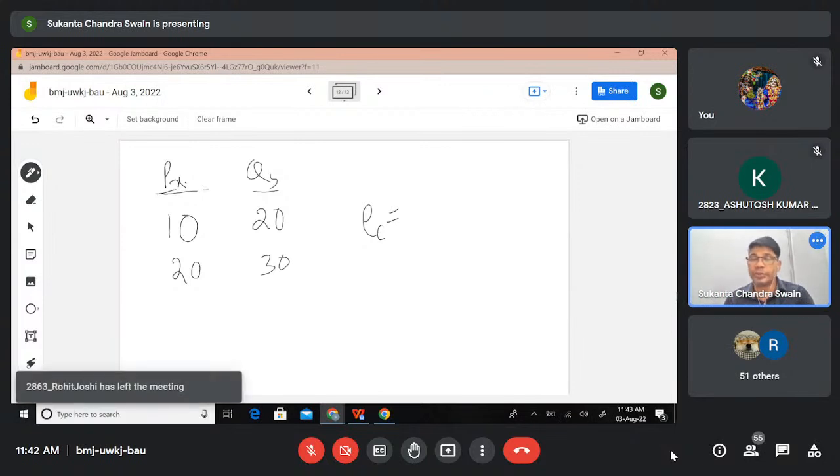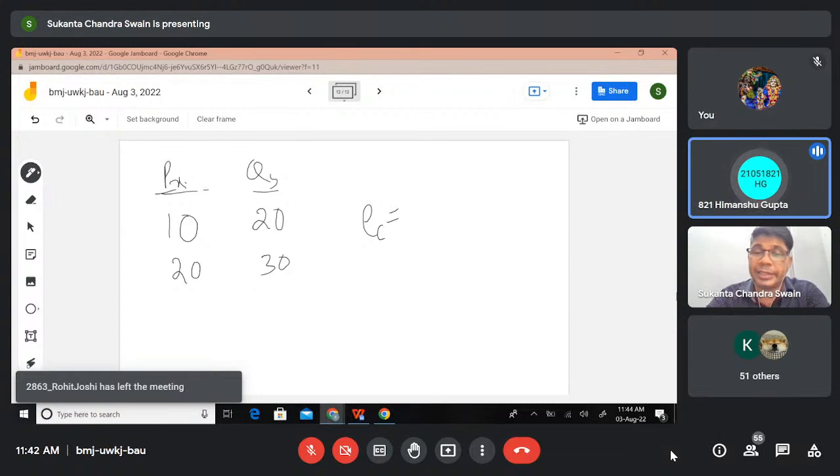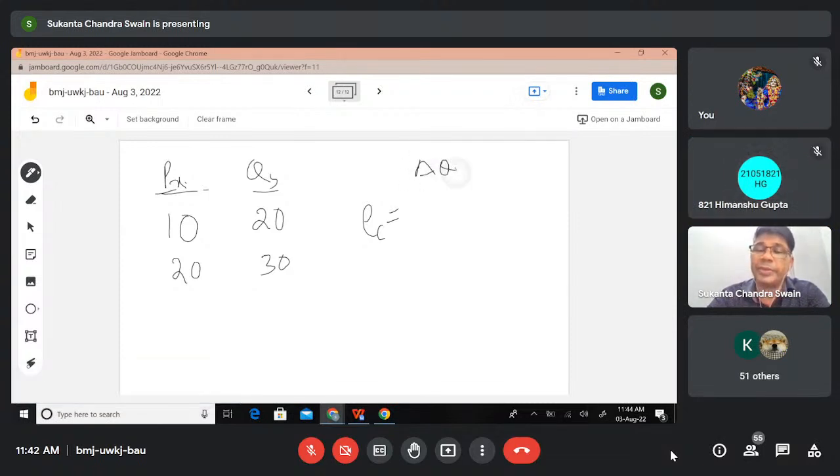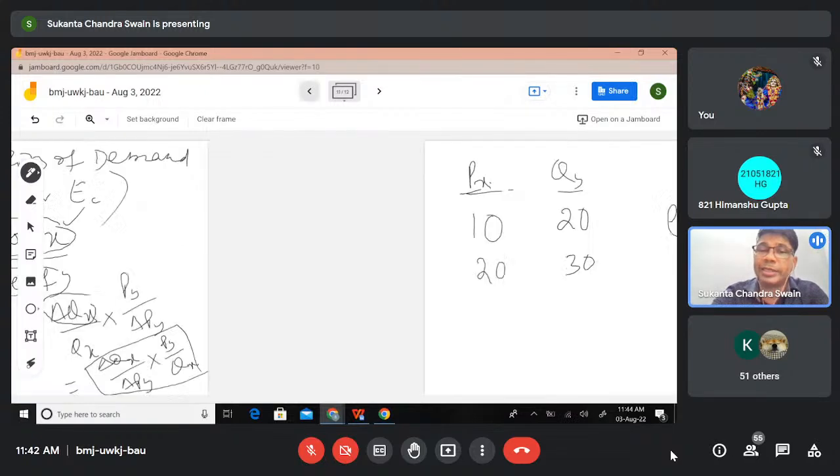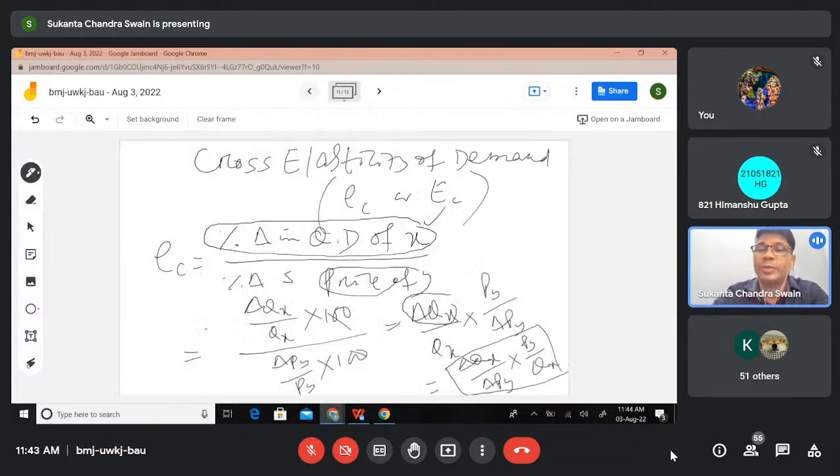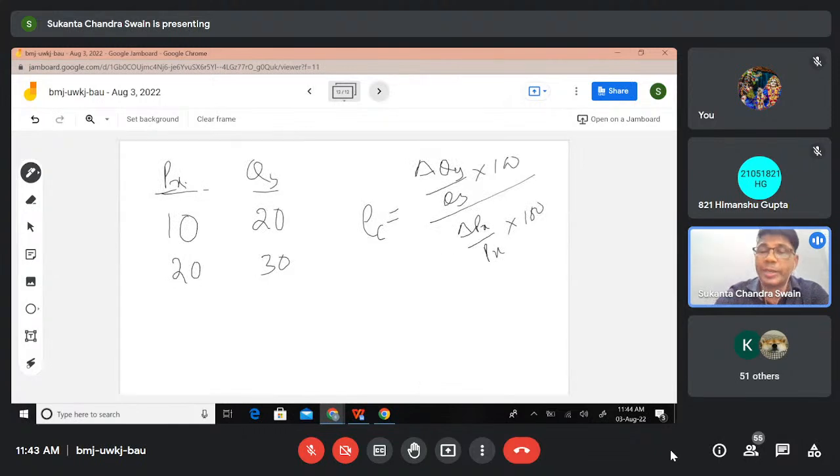This is equal to percentage change in quantity demanded of Y divided by percentage change in price of X. Very good. Del QY by QY into 100 by del PX by PX into 100. But in the last example, we had taken QX, but here QY is given. Therefore, the change is taking place.